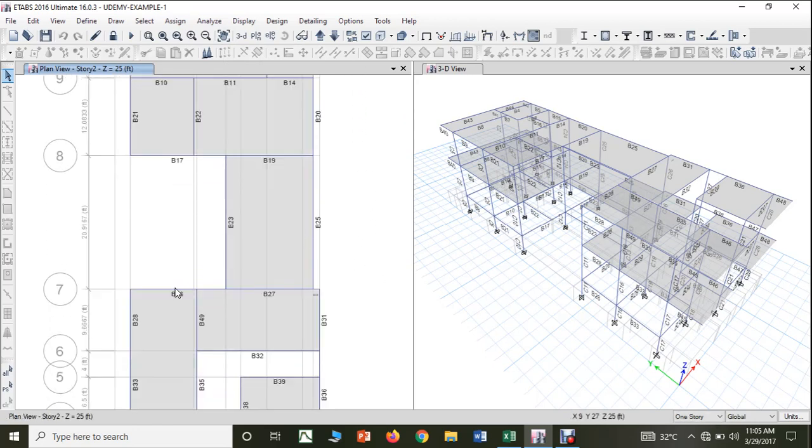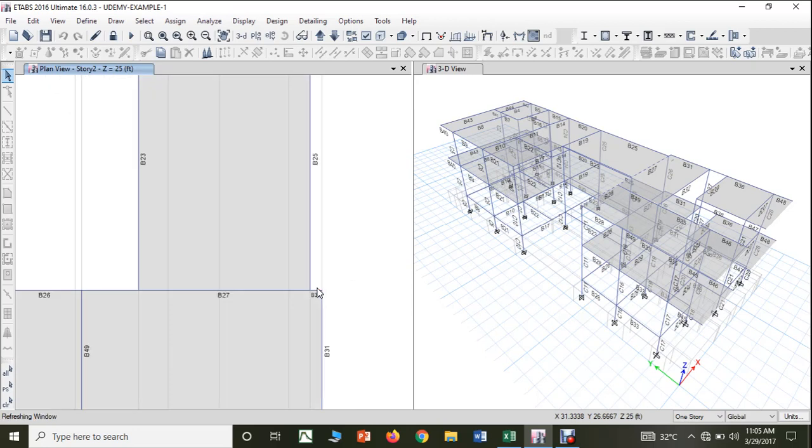Then again beam 26 and 27, as well as one more beam, 26, 27 and 30.